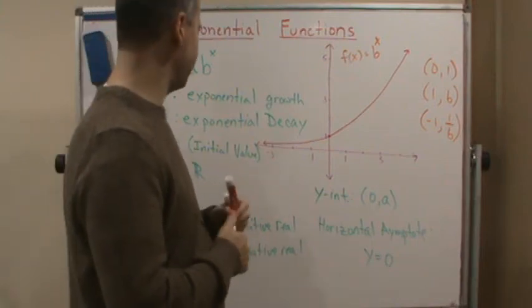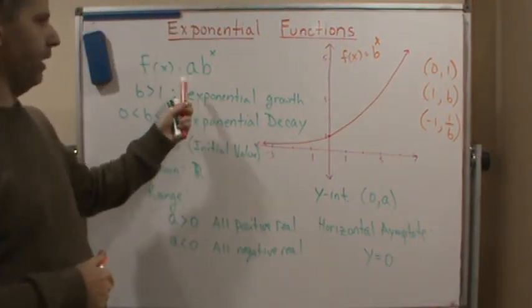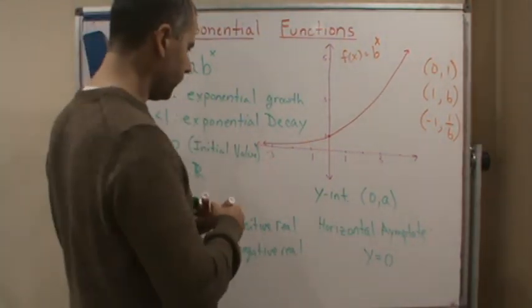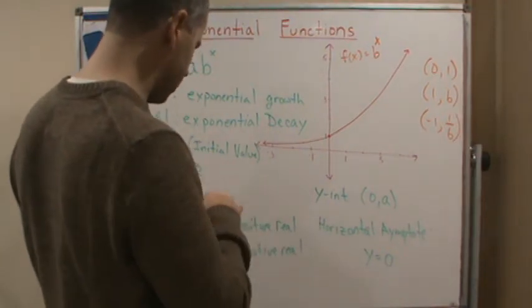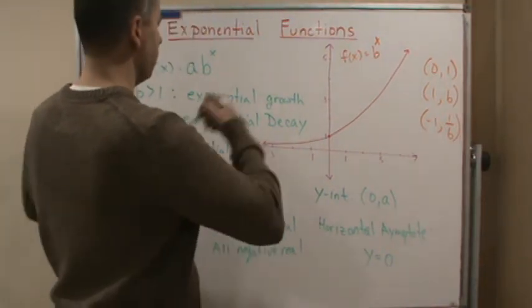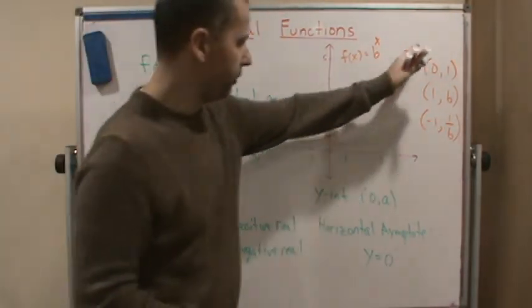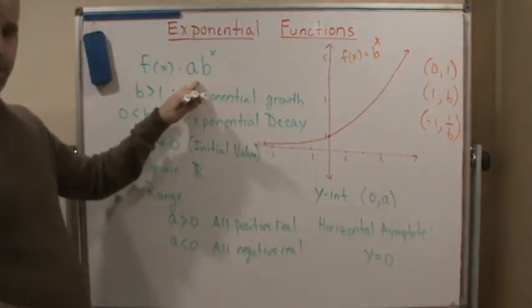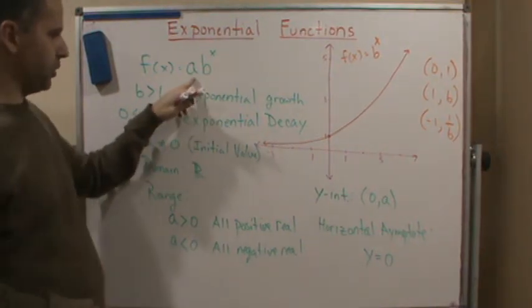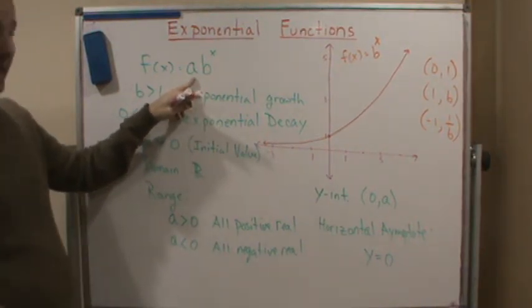Now, what if we add the general case, a there? Well, those points will change slightly. Once you know these, you can easily apply it to the general form, except you're just going to multiply by a.